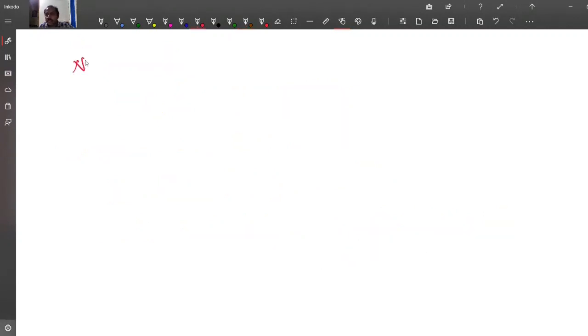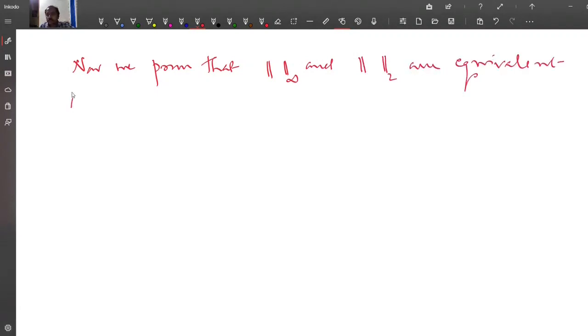Now we prove that subnorm and two norm are equivalent in Kn.